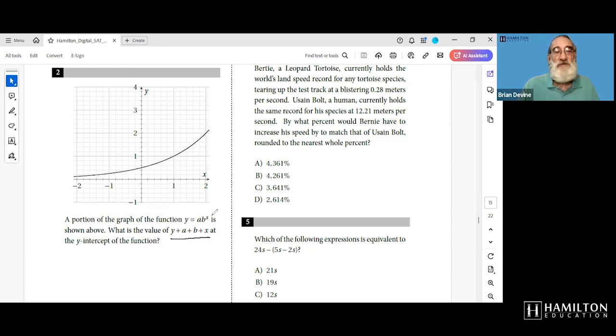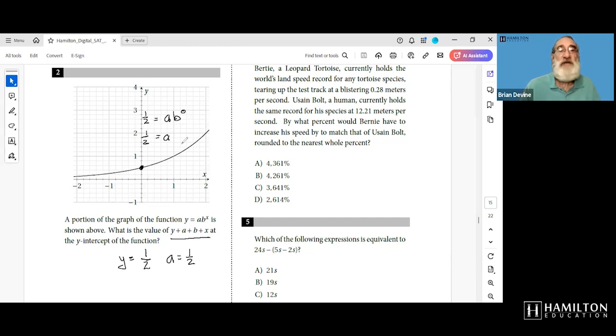Well, I do know one thing, that when x equals 0, this thing would equal 1/2. So y equals 1/2. And if we look at a times b to the 0 is equal to 1/2, and I know that b to the 0 is 1, then a must equal 1/2. So a equals 1/2.